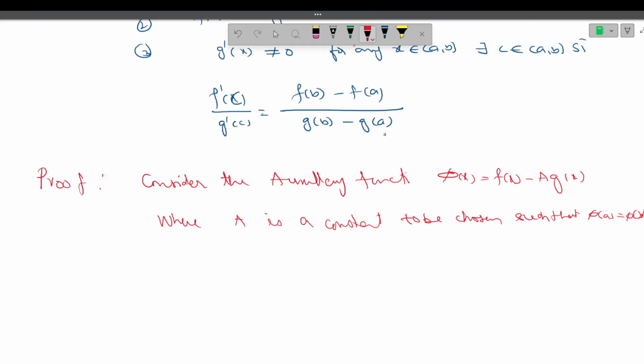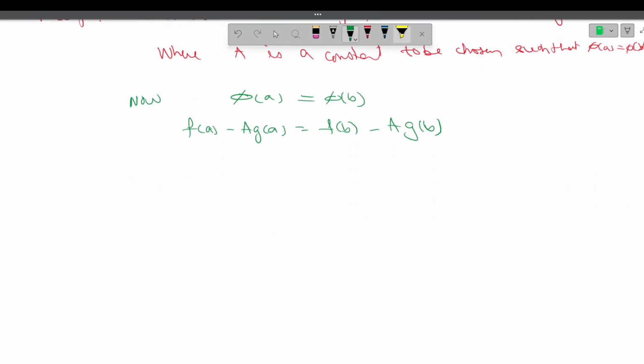Now phi of a equal to phi of b. What is phi of a? f of a minus a g of a equal to f of b minus a g of b. So I am taking this to this side and this to that side. So this will be f of b, taking to the other side, minus f of a.